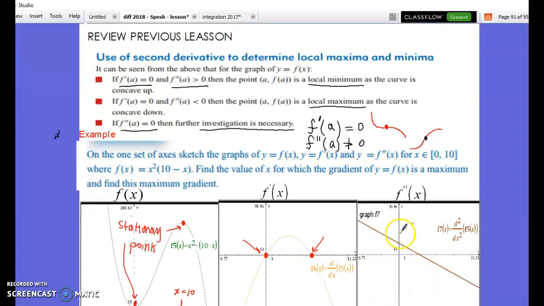Okay, but the second derivative is indicating a different feature. If you look now at a stationary point on the gradient function, being this point there, this stationary point on the gradient function is a stationary point of the rate of change. Yeah?